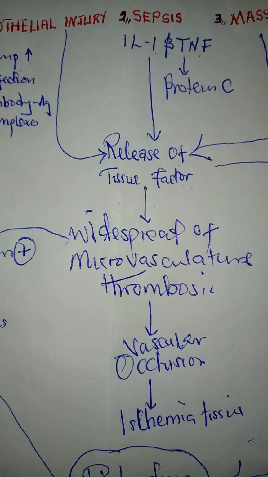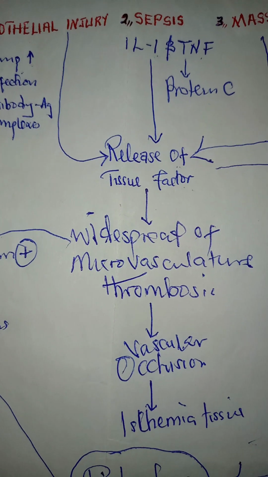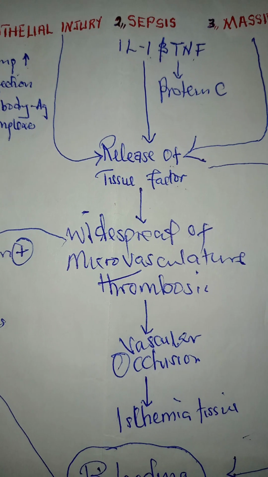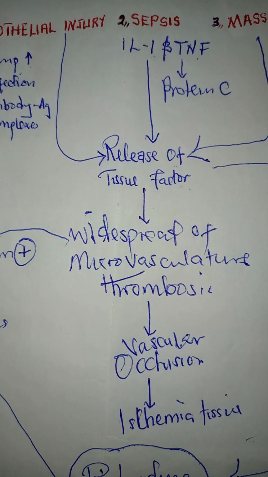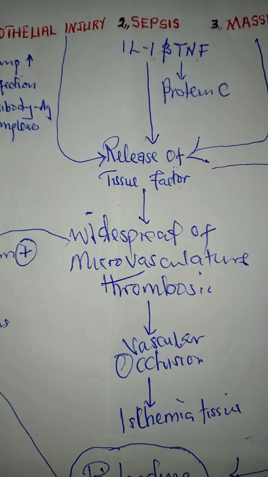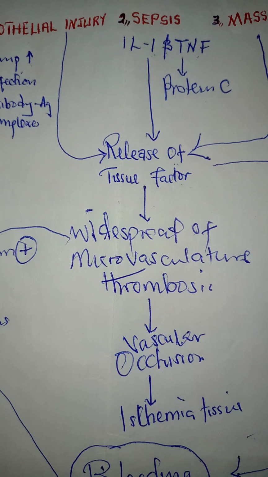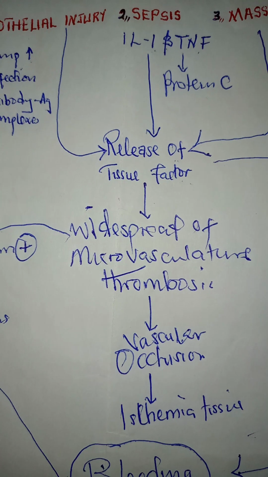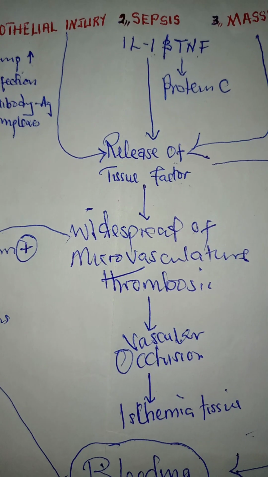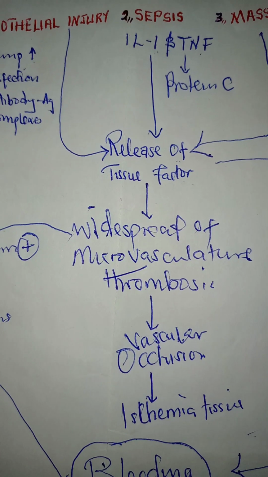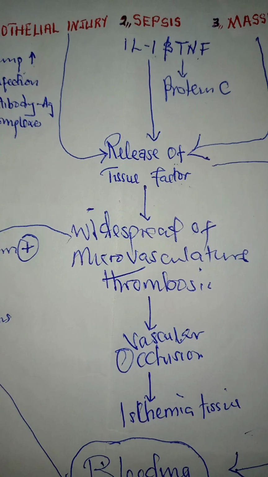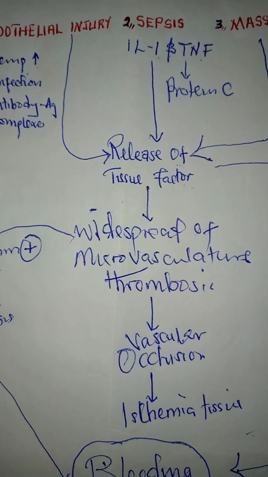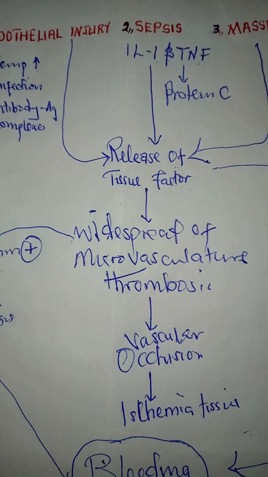Those products of the bacteria will stimulate monocytes, which differentiate into macrophages. Once stimulated, these monocytes start producing cytokines such as interleukin-1 and tumor necrosis factor.